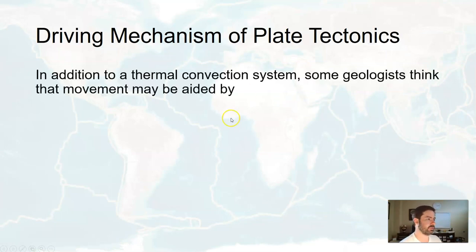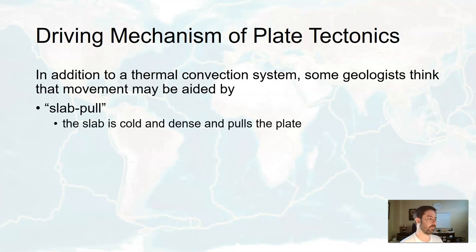So in addition to the convection going on, there also might be some other things helping and aiding this movement that's helping drive plate tectonics, maybe moving things a little bit faster. One is called slab pull. So there's some diagrams here in just a moment, where slab pull is the slab, the cold and dense part that's being subducted, pulling the rest of the plate down with it.